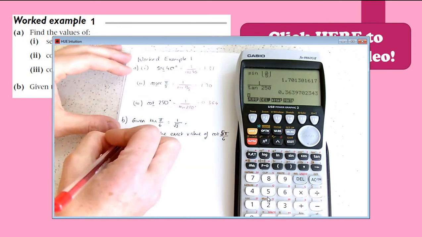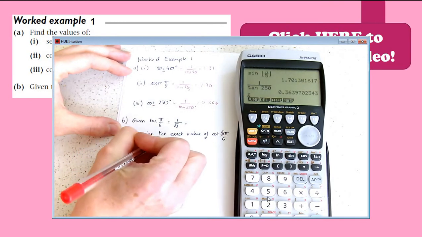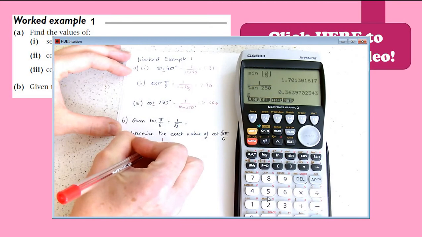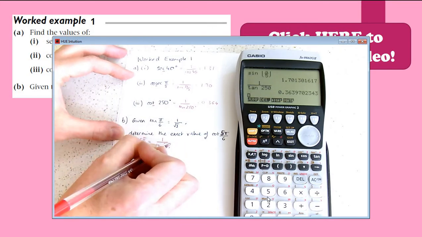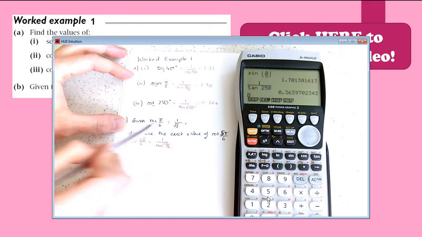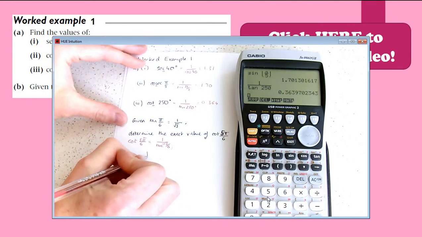I know that cot of 5 pi over 6 is 1 over, third letter is T, tan 5 pi over 6. Now 5 pi over 6 is going to be related to pi over 6, and I need to figure out how. My favourite method is using a cast diagram, but we'll look at a graph as well.